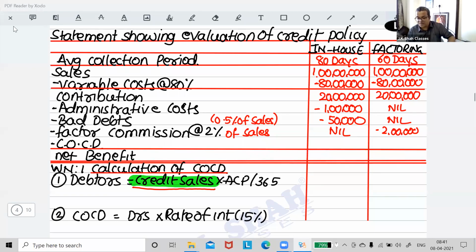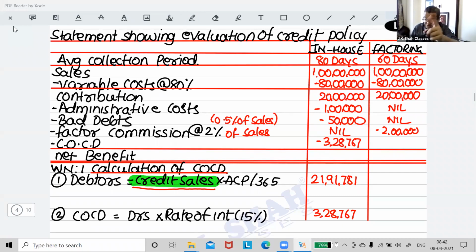So 21,91,781. Whatever comes into 15%. So 3,28,767. Okay. Calculate this side also.